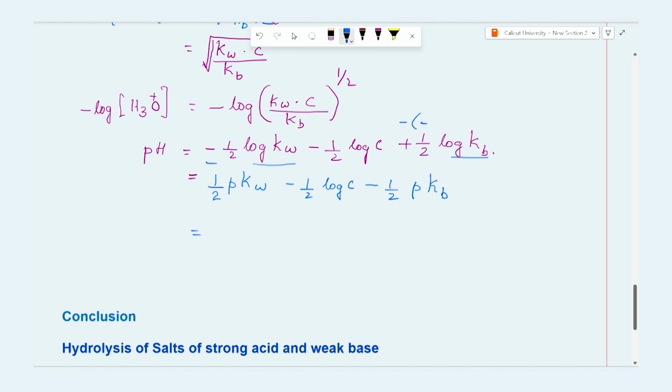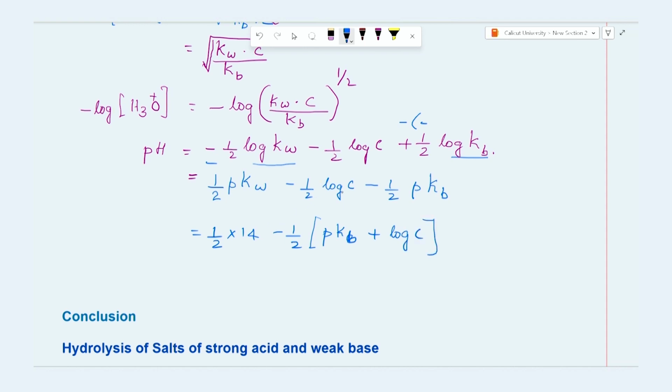So, that is equal to half into 14 minus, I am going to take the half outside and the minus sign outside, so that it becomes pKb plus log C, because the minus sign is taken out.